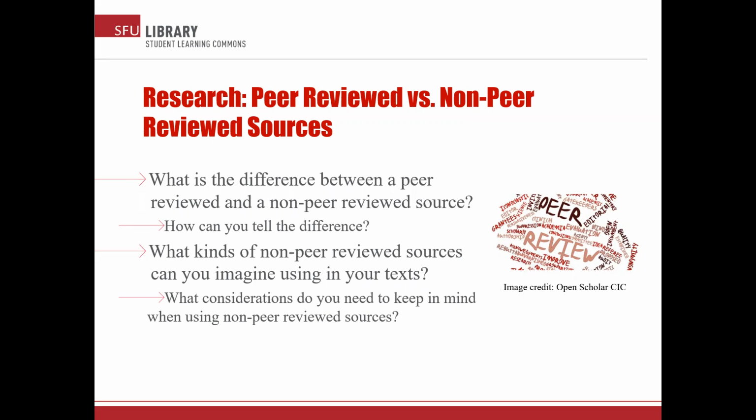So this is a lot different from something like a blog, for example, where you can just write whatever you want, whatever comes to mind, and post it without anyone else's input and without vetting the legitimacy of the information. Instead, peer-reviewed sources ensure that the content of the source is checked and verified before it can be published, so readers can be confident that the information in these articles is accurate.